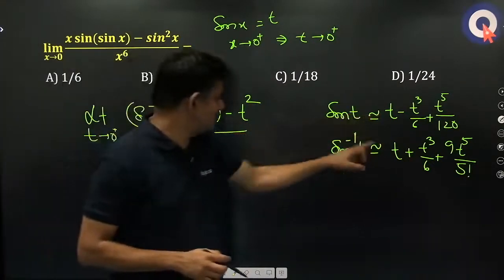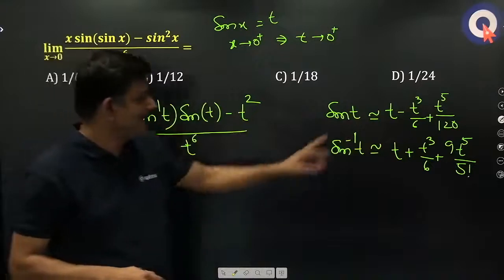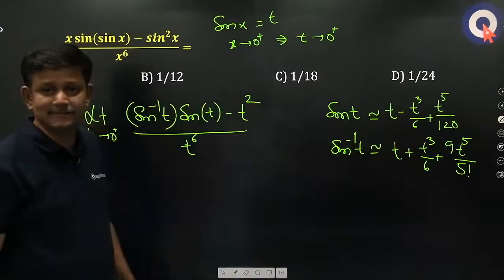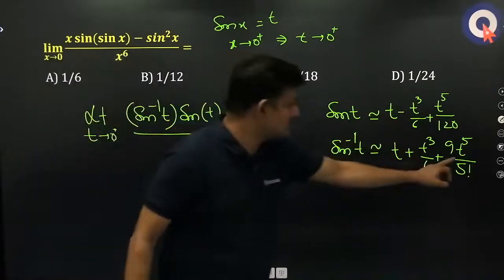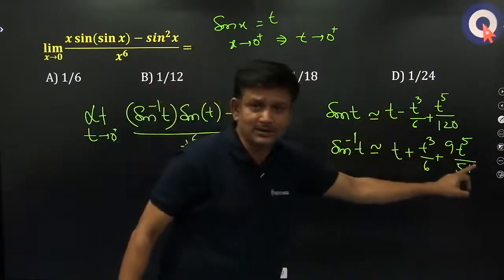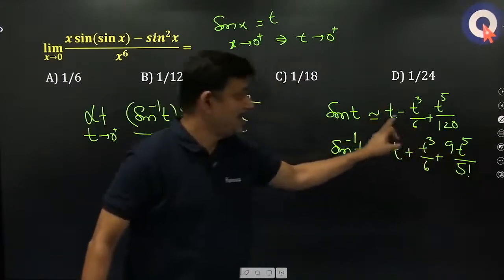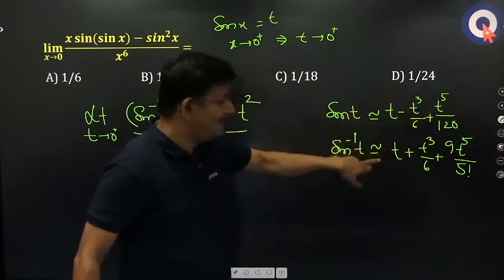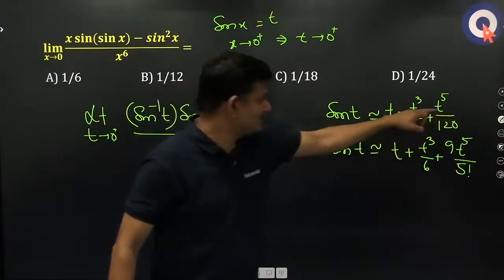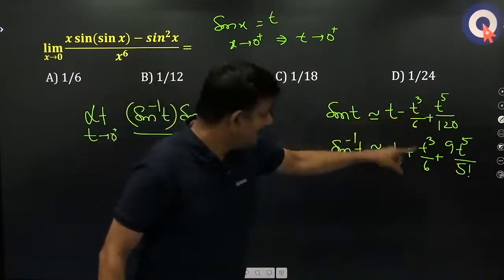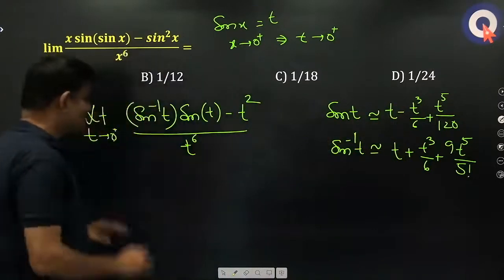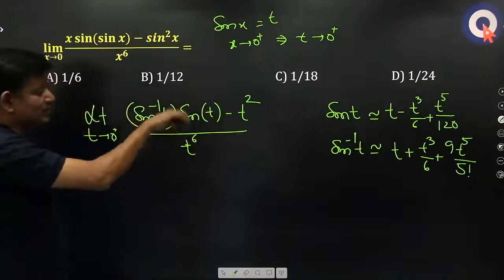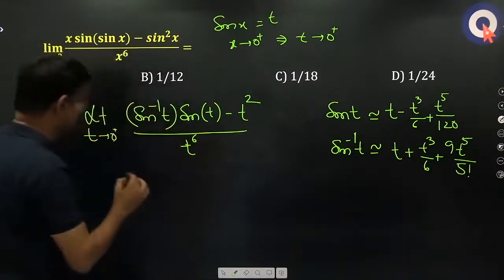You can see t into t square getting cancelled, minus t power 4 by 6 plus t power 4 by 6 getting cancelled. You have to focus on the t power 6 term. How are you getting it? Product of these two. 9 by 120 plus 1 by 120, which is 1 by 12, and then minus 1 by 36. So simply when you substitute, you just have to focus on t power 6, rest everything is getting cancelled.